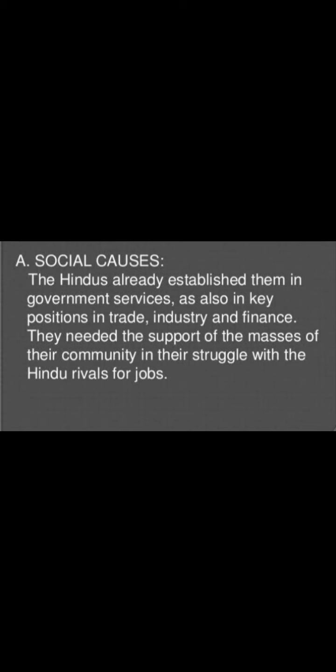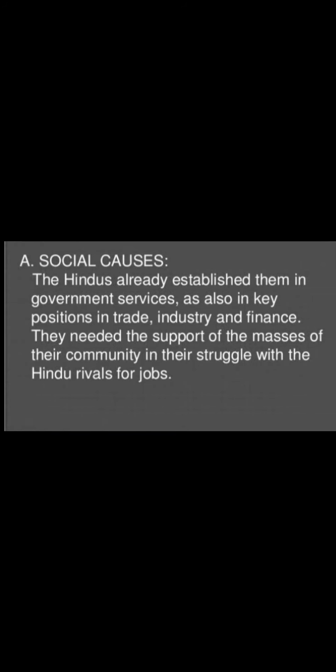Then we come to the social differences. The Hindus were already established in government service and also held key positions in trade, industries, and finance. So these were the concepts.